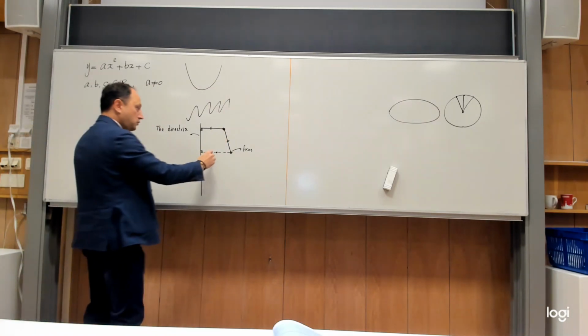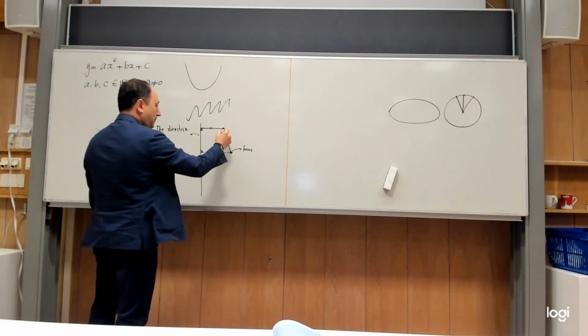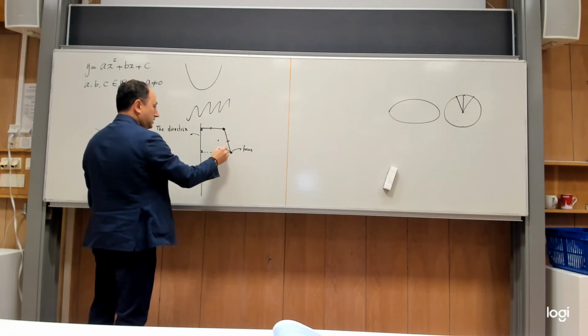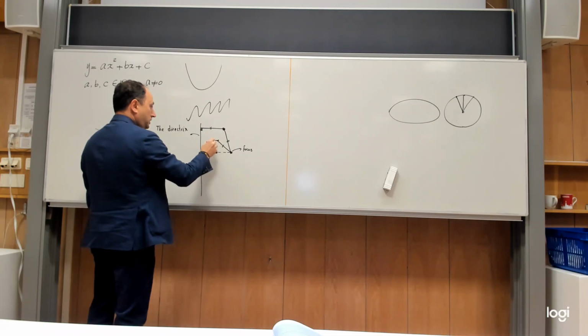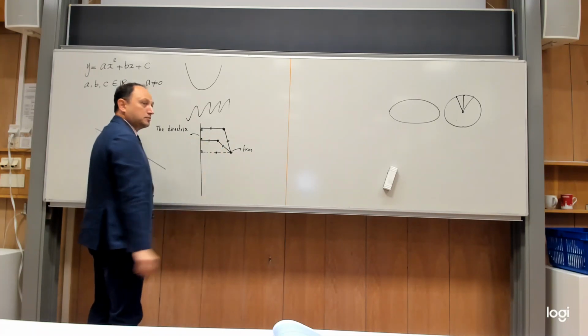So this is one point on the parabola, this is another point on the parabola. So for example, this point, this distance should be equal to this distance. If that's the case, this is another point of the parabola.